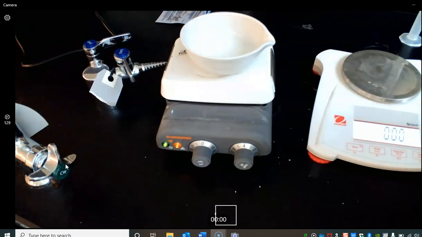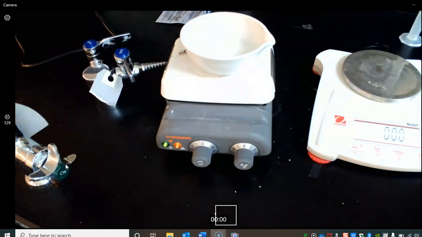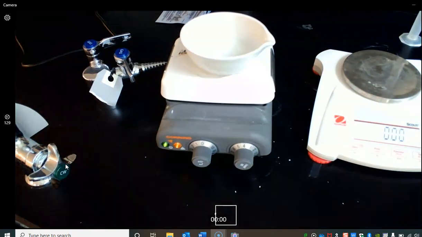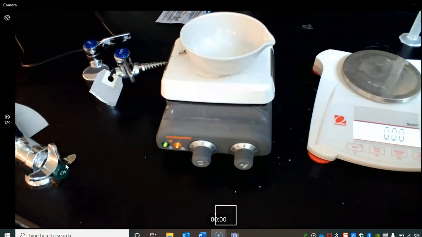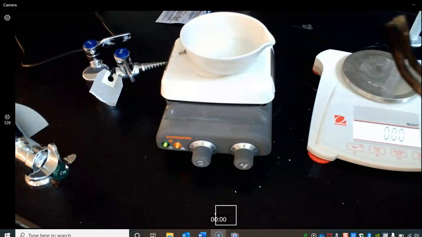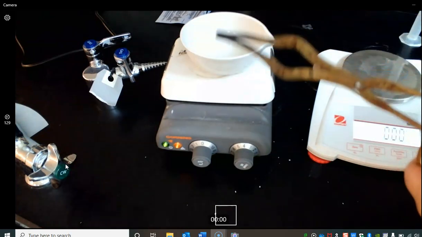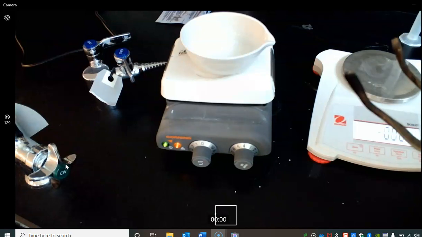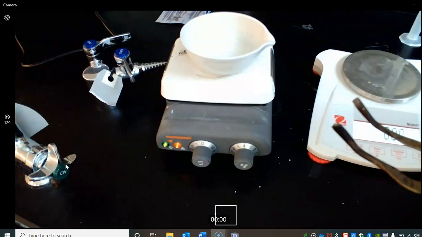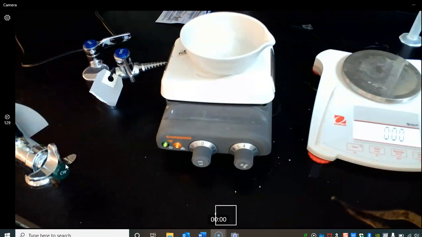All right, so getting pretty low. Hopefully I won't drop the evaporating dish because that would be really awkward, but I don't think I will. Okay, getting close. I have my crucible tongs here to remove it. You can probably hear that crackling just a little bit.